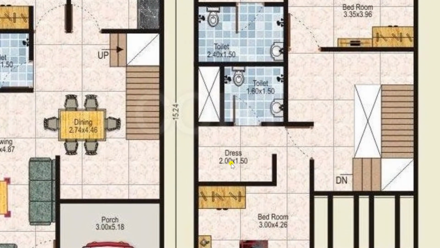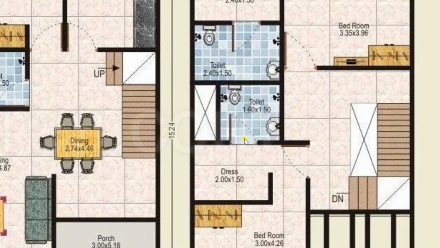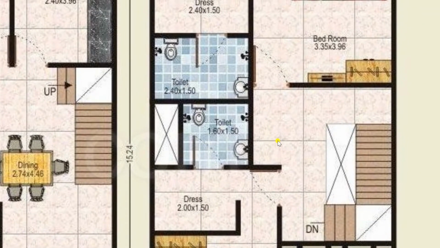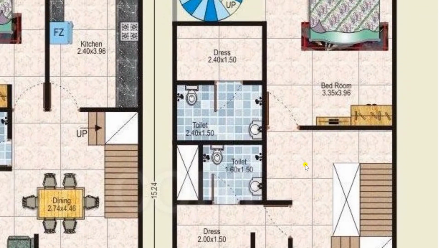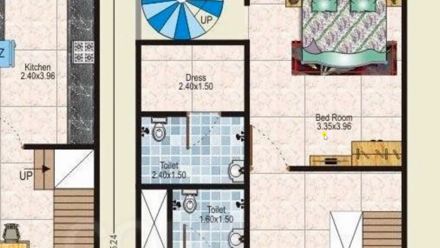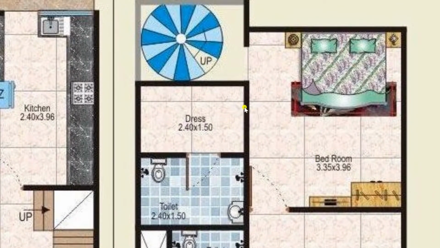You can view there is a dressing room also provided, 2 by 1.50 meters. This dressing room is attached with a toilet of 1.60 by 1.50 meters, and for this we have provided one duct also here. Now I am returning back to the lobby. I am entering another bedroom of dimension 3.35 meters by 3.96 meters.